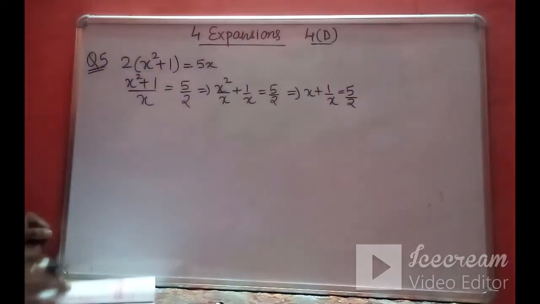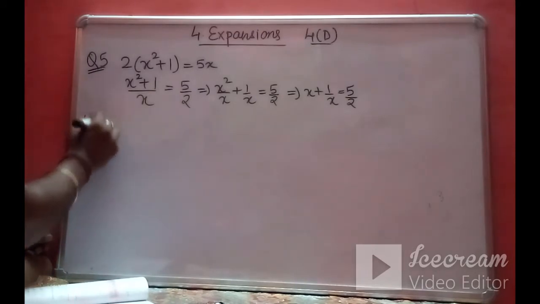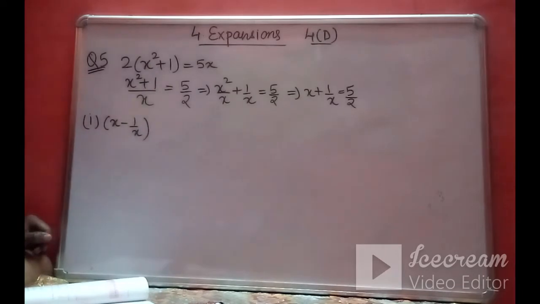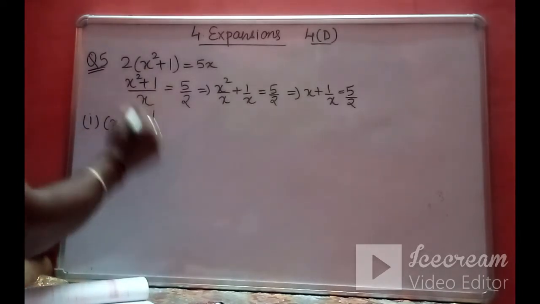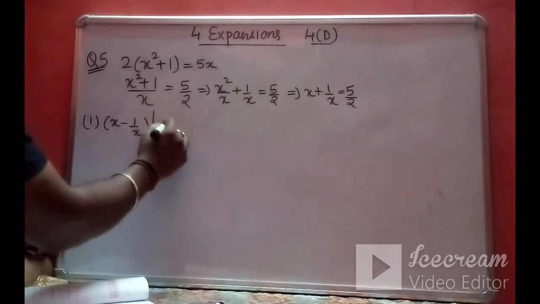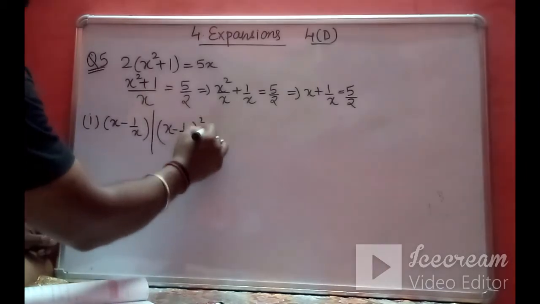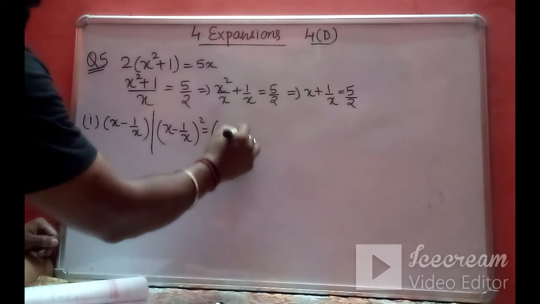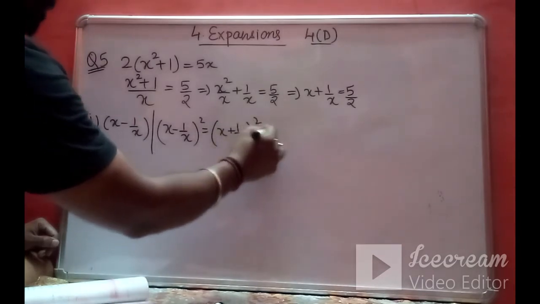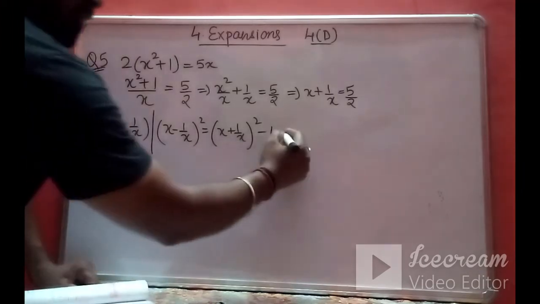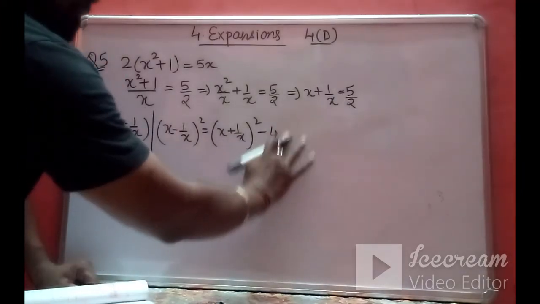Okay, and this is a very familiar term by now. The very first part is we have to calculate the value of x minus 1 upon x. So what we will do, like we were doing, (x minus 1 upon x) whole square is actually (x plus 1 upon x) whole square minus 4. Okay, the identity. So what is x plus 1 upon x?